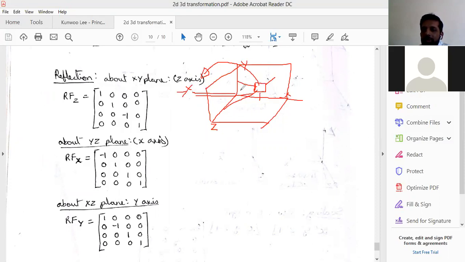If this is at a distance of 2 from the x-axis, that is the x coordinate, here it should be at a distance of minus 2. So this is what happens with respect to the z-axis, that is the xy plane.